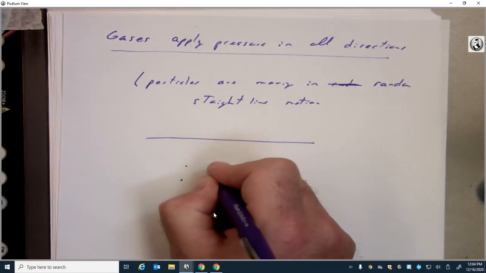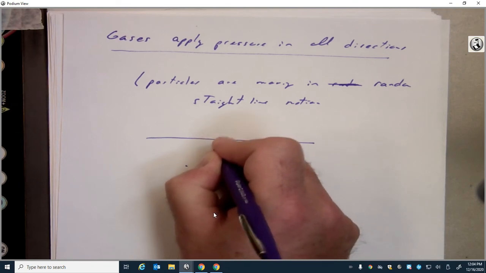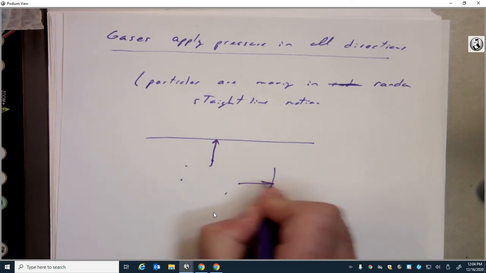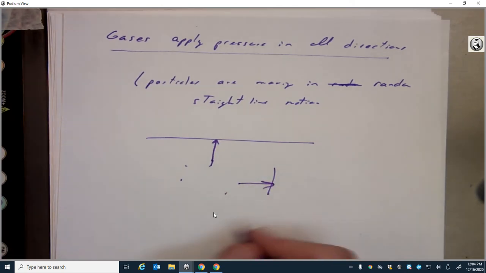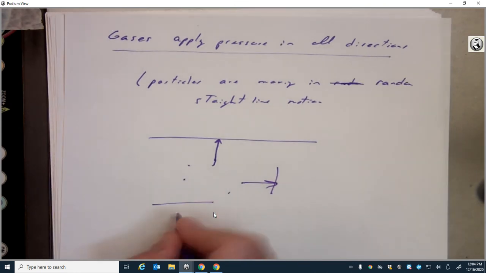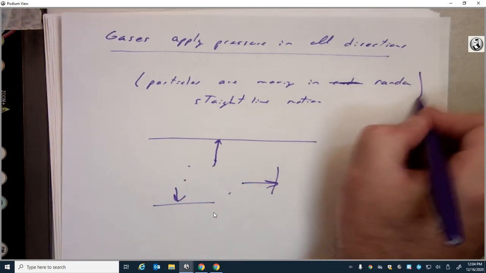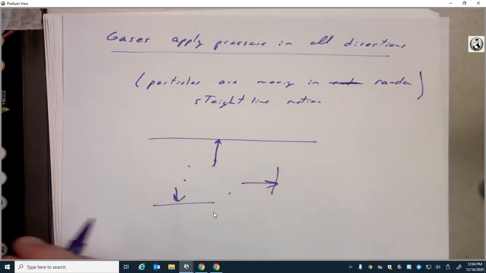These particles are going to go up and hit it, producing an upward pressure. If I have a piece of paper here, it's going to apply a sideways pressure. And if it's down here on the table, it's applying pressure this way. So gas particles, because they're in that random straight line motion, are going to apply pressure in all directions.